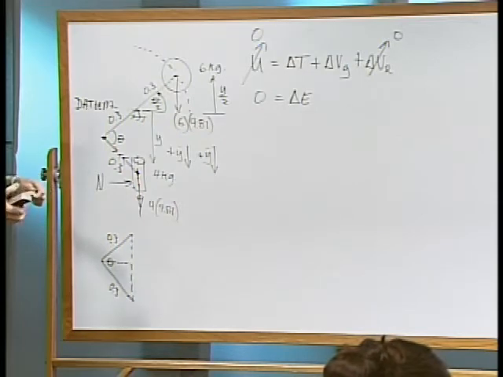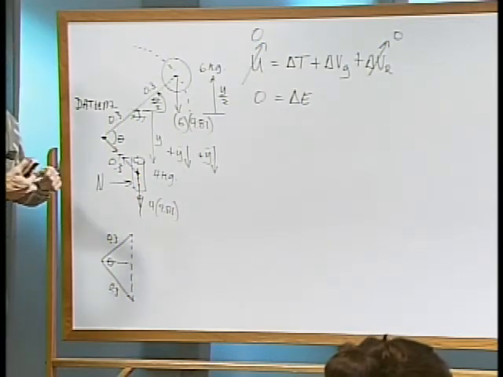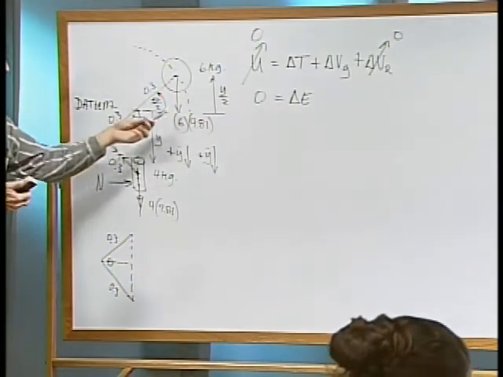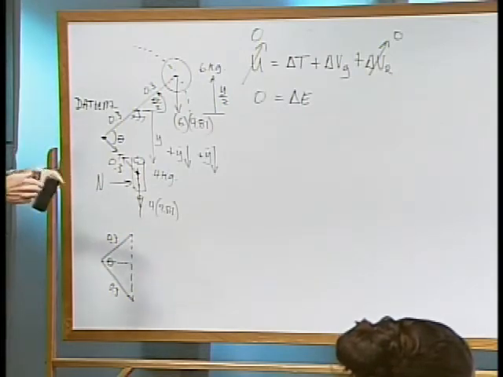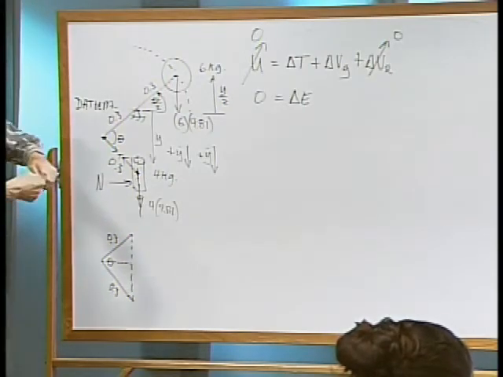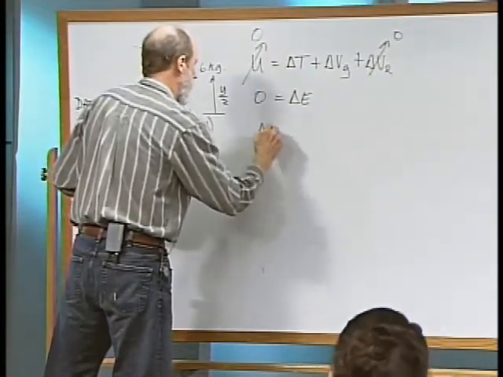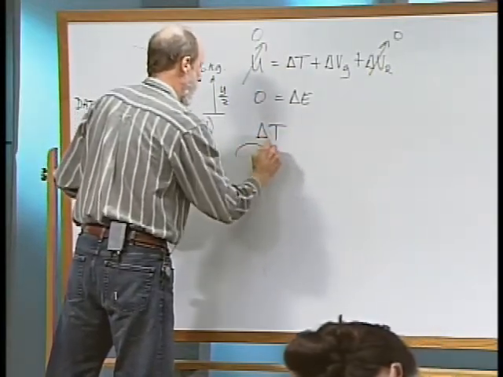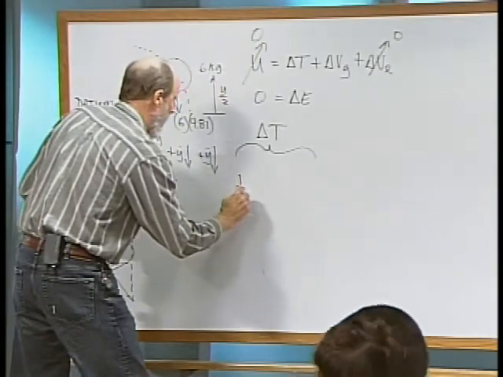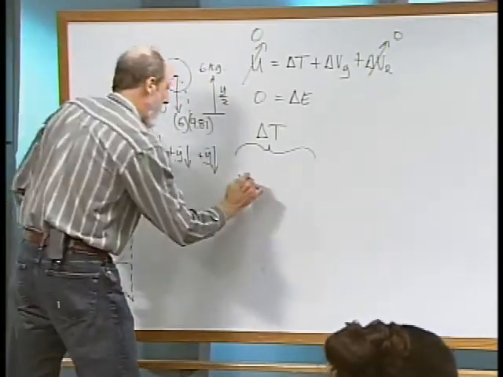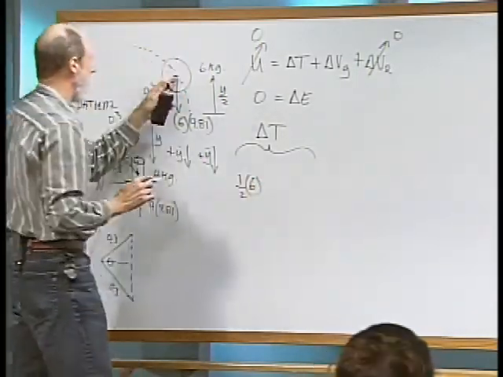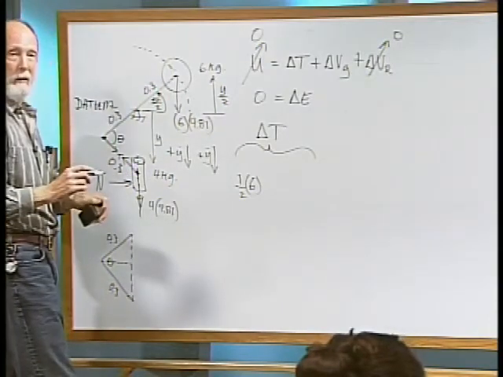So, what I'd like to do, though, is let's go ahead and write it in terms of theta. Let's write the problem in terms of theta, and then see where that takes us. So, change in kinetic energy, or the energy of its motion, is going to be the 1/2, and we have this 6 kilogram mass that's in motion, and it's got some speed.